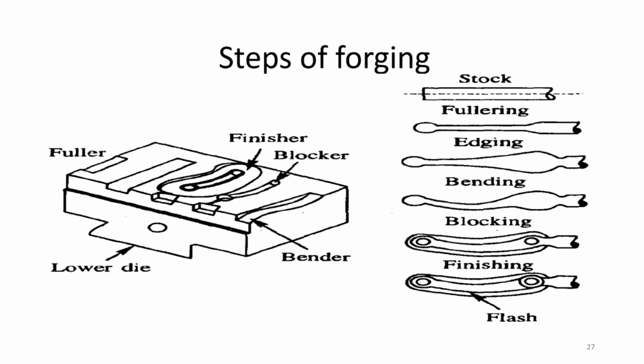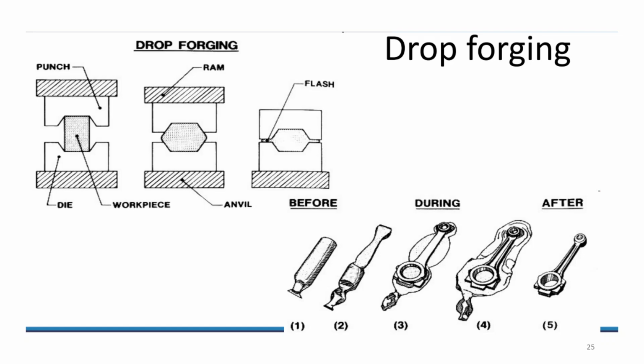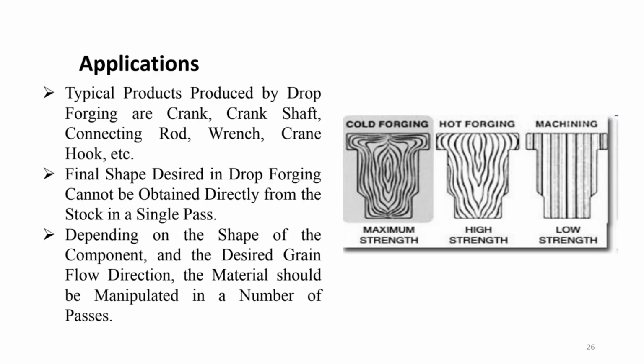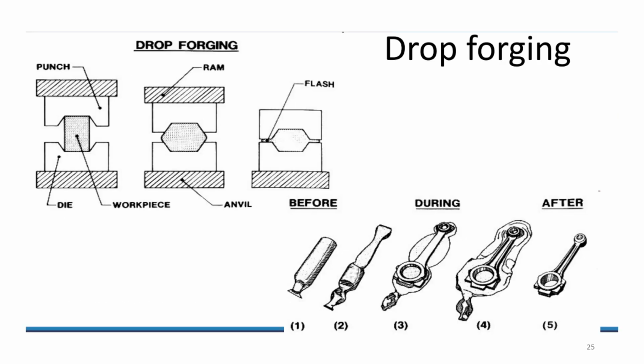Now, about the fullering process. Fullering reduces the diameter, isn't it? Not forging, the fullering process. Fullering is a subset of forging, so it need not be in the final form.